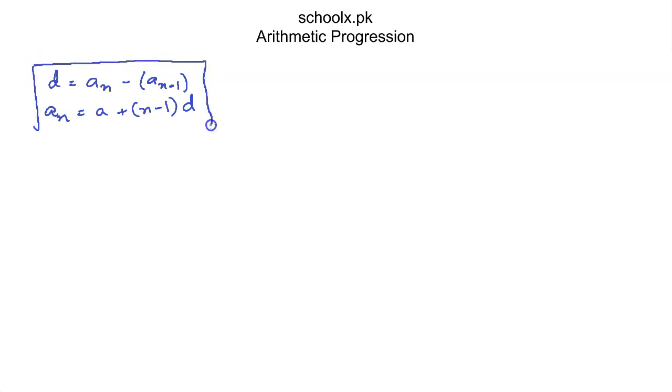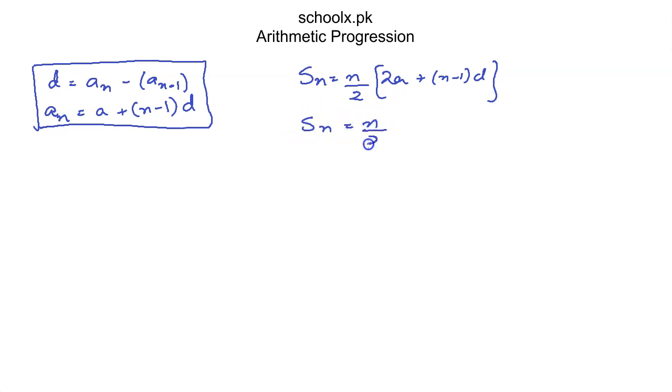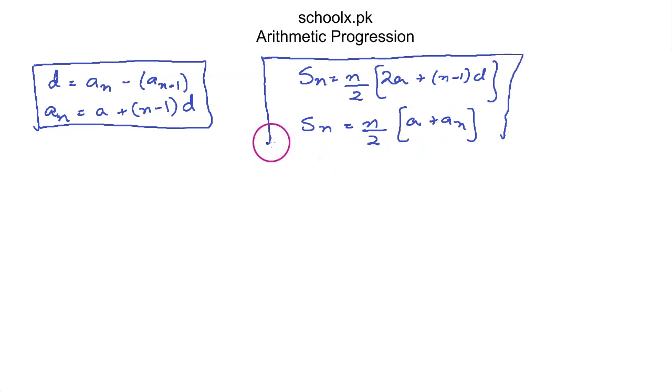Then we learned the formulas for finding the series of an arithmetic sequence. First one is n by 2 times 2a plus n minus 1 into d, and n by 2 times a plus an. Now these 4 formulas are only applicable on an arithmetic series or an arithmetic sequence, and you can recognize an arithmetic sequence by its common difference.